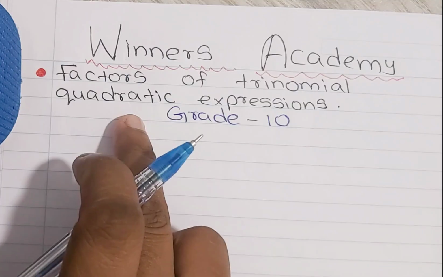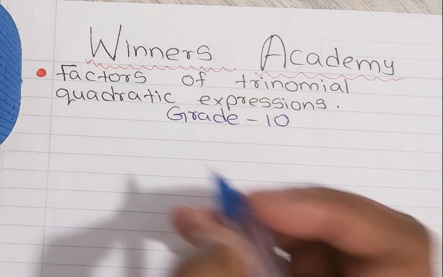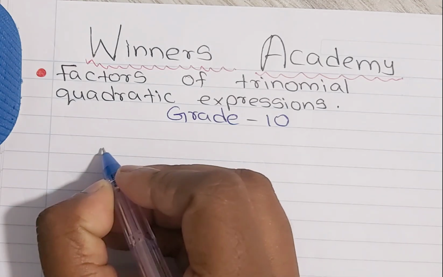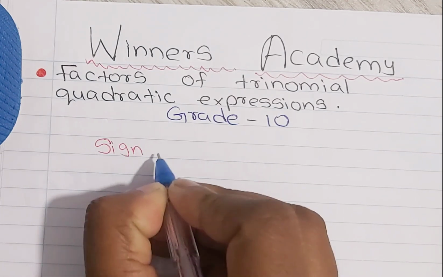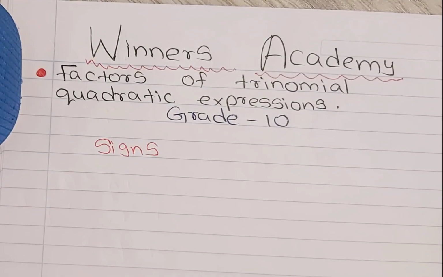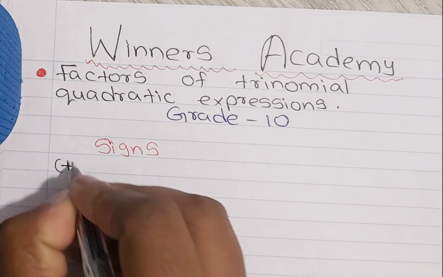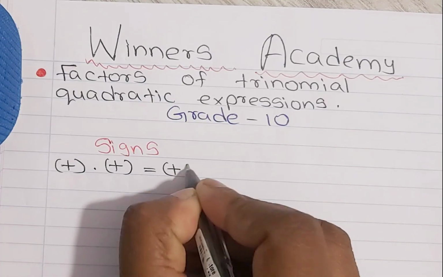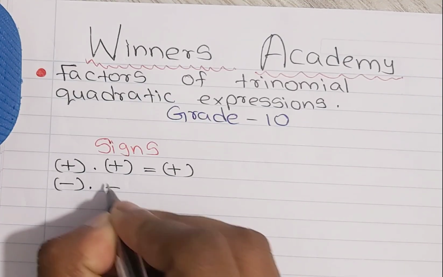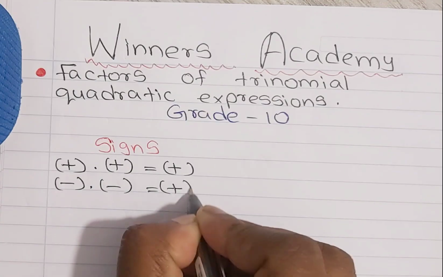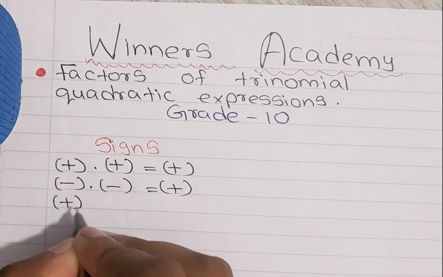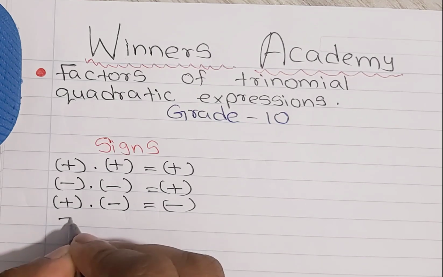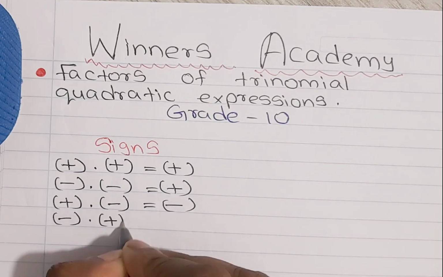Before going to this session, we have to study sign simplification also. When you are multiplying, the signs behave like this. Keep that in mind. Plus into plus is plus, minus into minus is plus, plus into minus is minus, and minus into plus is also minus.